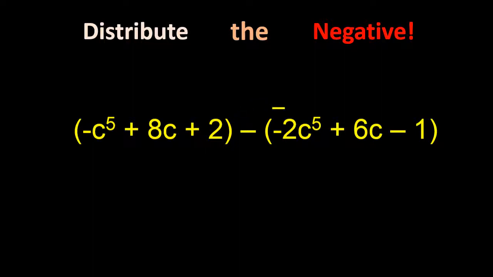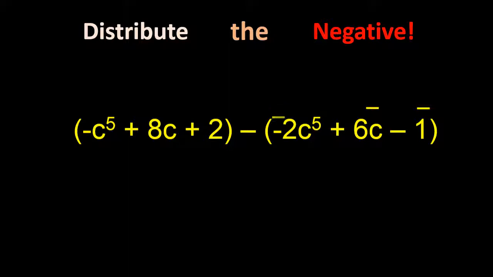So we're going to have to multiply each term in the second polynomial by negative 1 to distribute the negative.